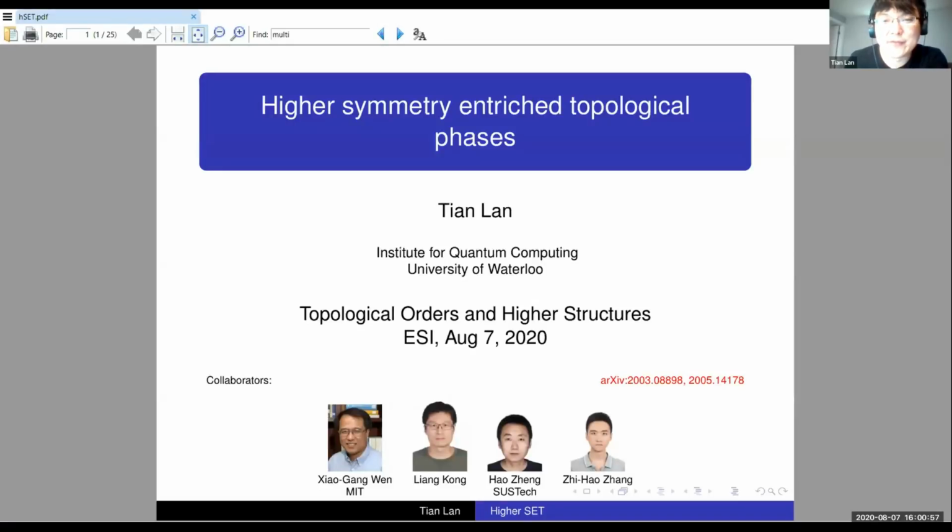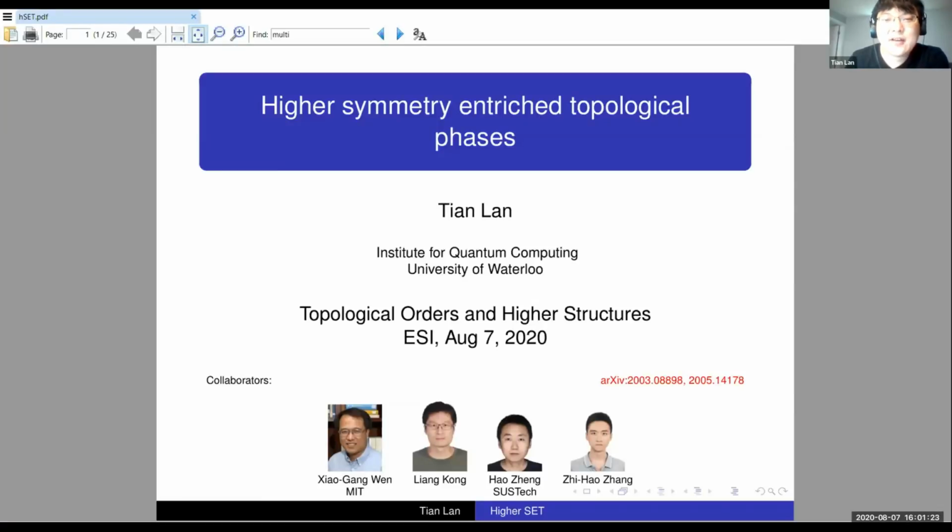And from a mathematical point of view, many contents should be regarded as conjectures. The main idea is similar to what has been mentioned many times in the previous talks. We want to describe topological phases by fusion categories with trivial center.